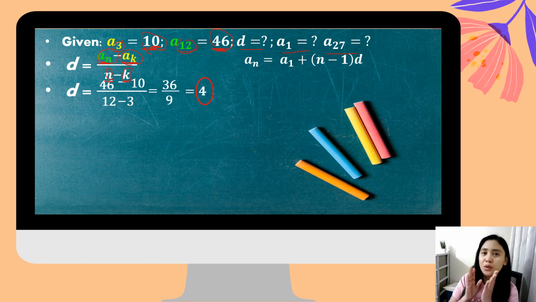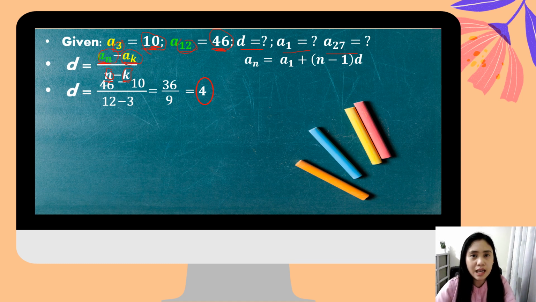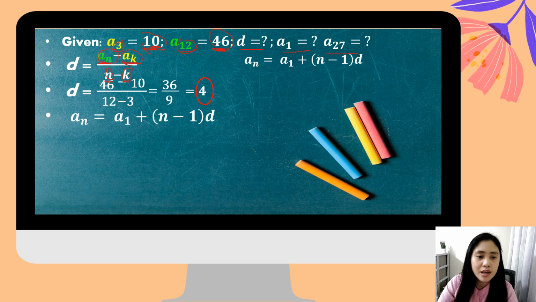So, meron na tayong isang sagot. Sunod, hanapin natin ang first term. Let's use the formula a sub n is equal to a sub 1 plus n minus 1 times d. So, sino ba ang gagamitin nating a sub n?